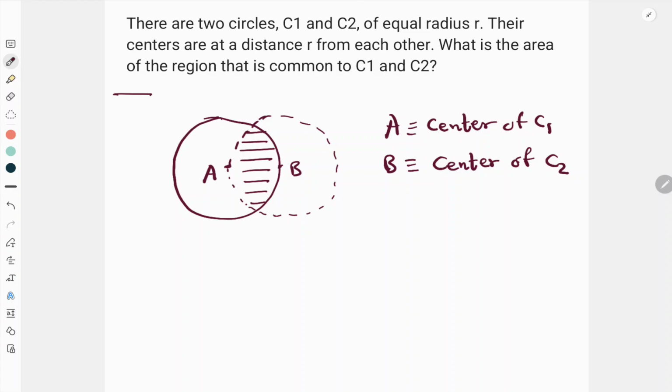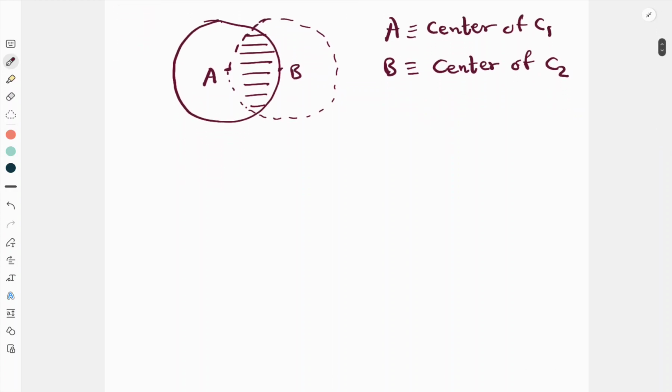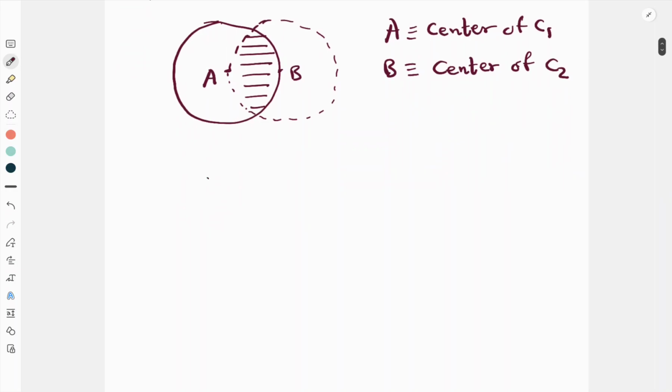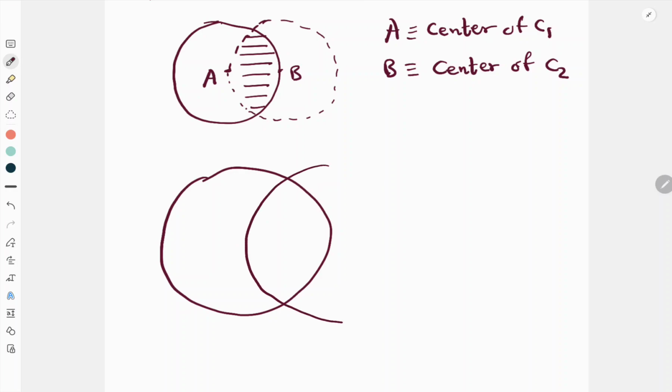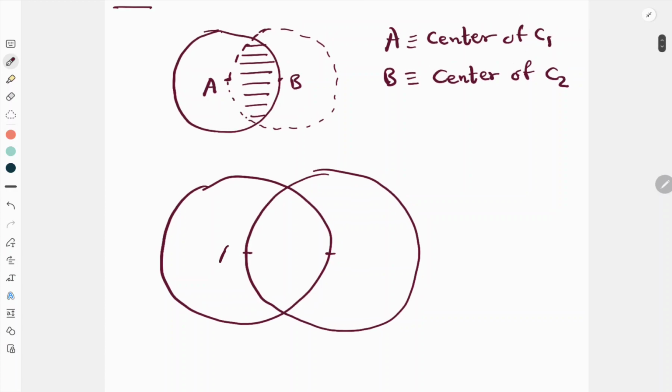Okay, so let's see what we can do here. I'm going to draw another picture, maybe slightly better and bigger. So this is circle 1, this is circle 2. Let's give these points names A, B. Let's call these points of intersection C and D. I'm going to draw these dotted lines to help us visualize these things better.